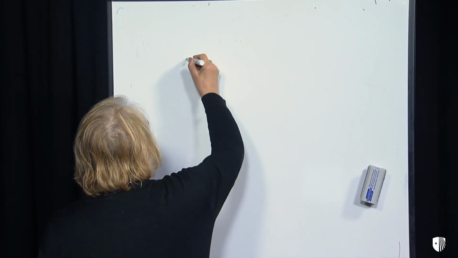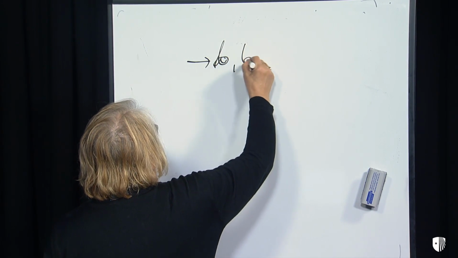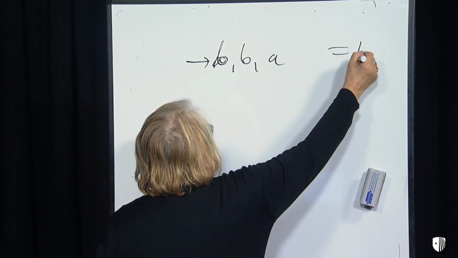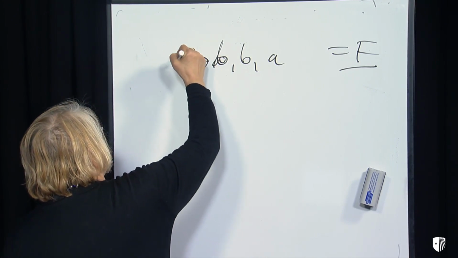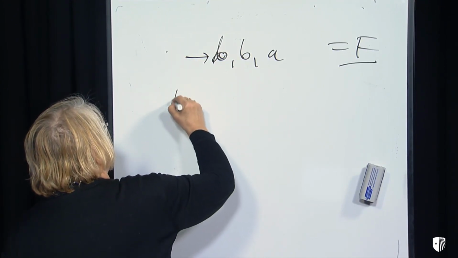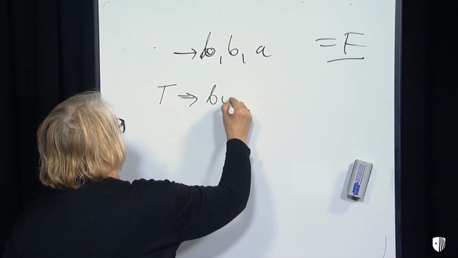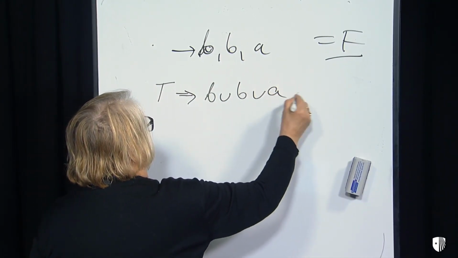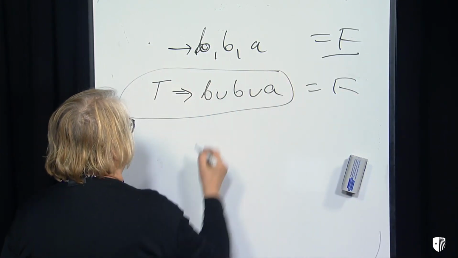You say, I have A or B, and I want to put it into F. So by definition, empty here means T implies B or A must be F. So this is how we define the semantics.